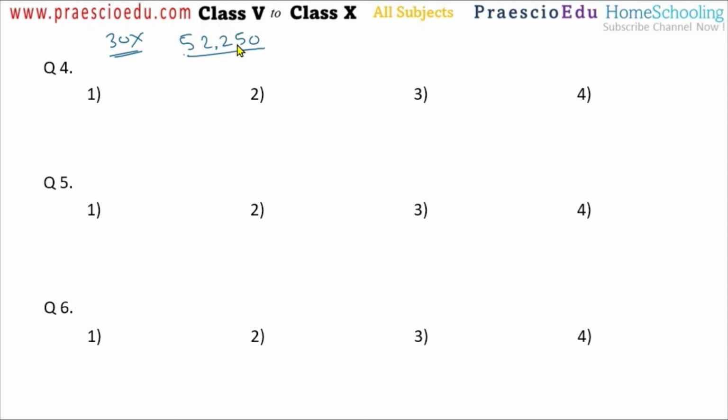So we have to calculate the SUV's cost, which is 30 times this motorcycle's. So this amount multiplied by 30. So this 0 as it is, 3 fives are 15, 1 carry, okay, balance. So 3 twos are 6 and then 7, 3 twos are 6 and then 3 fives are 15. So here 15 lakh 67,500.